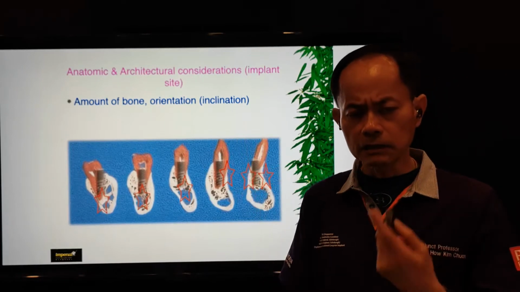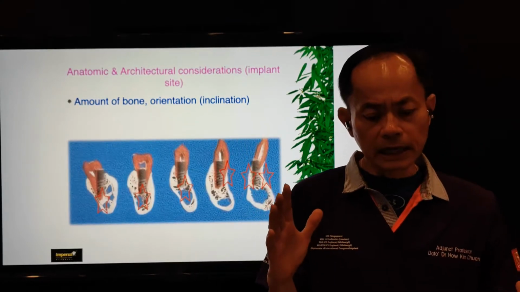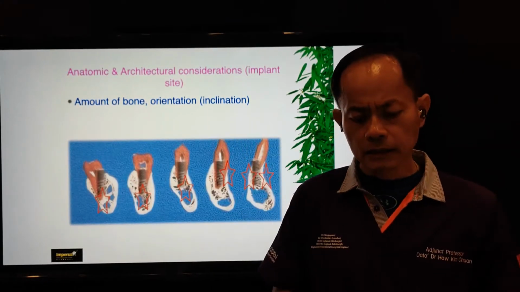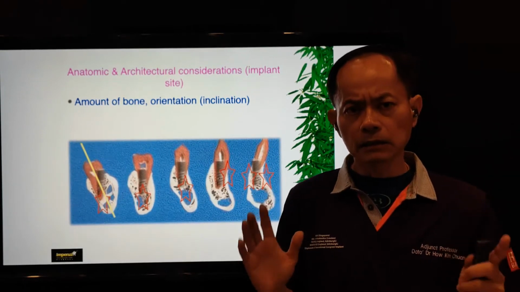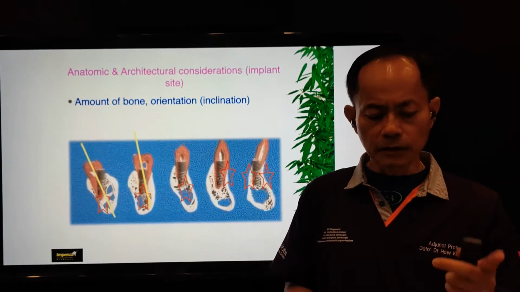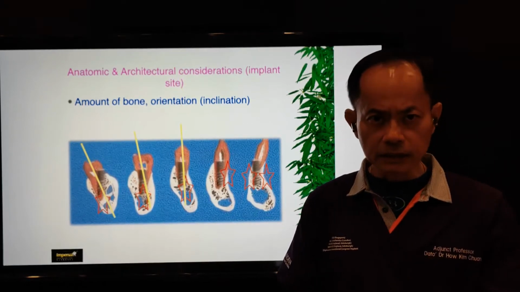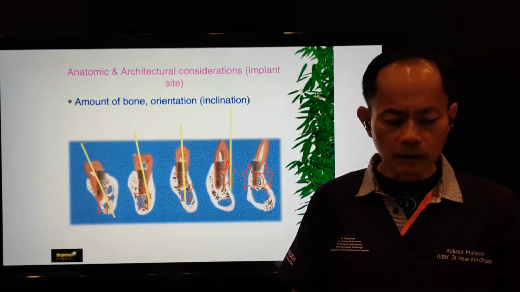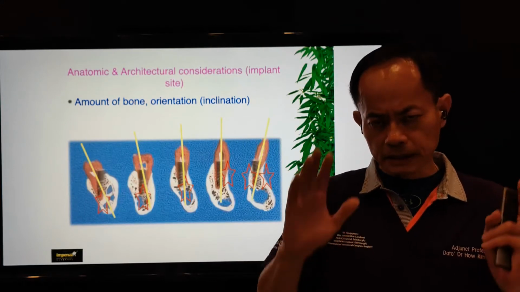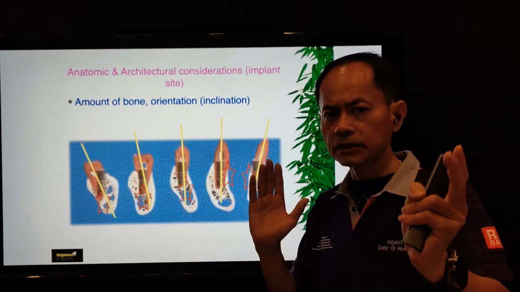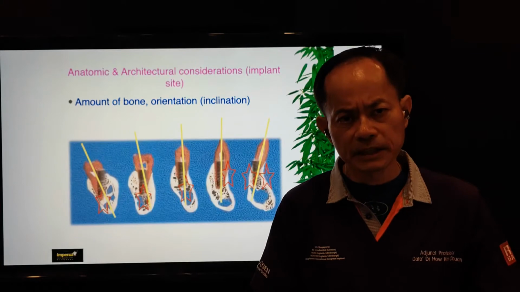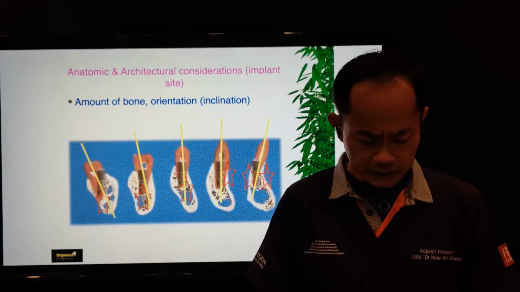In the past, with a 2D X-ray, clinicians made a lot of mistakes, either the angle of insertion was not ideal, or they could not see the third dimension, so there would be damage to the nerve or to the blood vessel.